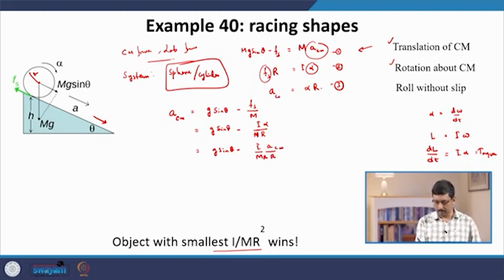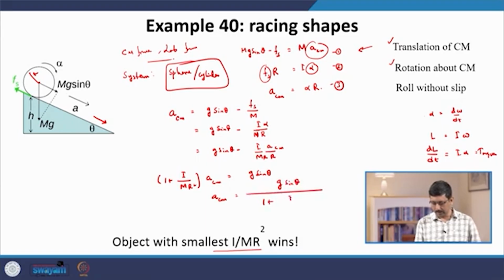So, we have 1 plus I by mr square times A is equal to g sin theta. That means A cm is g sin theta divided by 1 plus I by mr square. So, the acceleration depends on several parameters: the angle of inclination, the acceleration due to gravity, the moment of inertia of the object, the radius of the object, and the mass of the object.